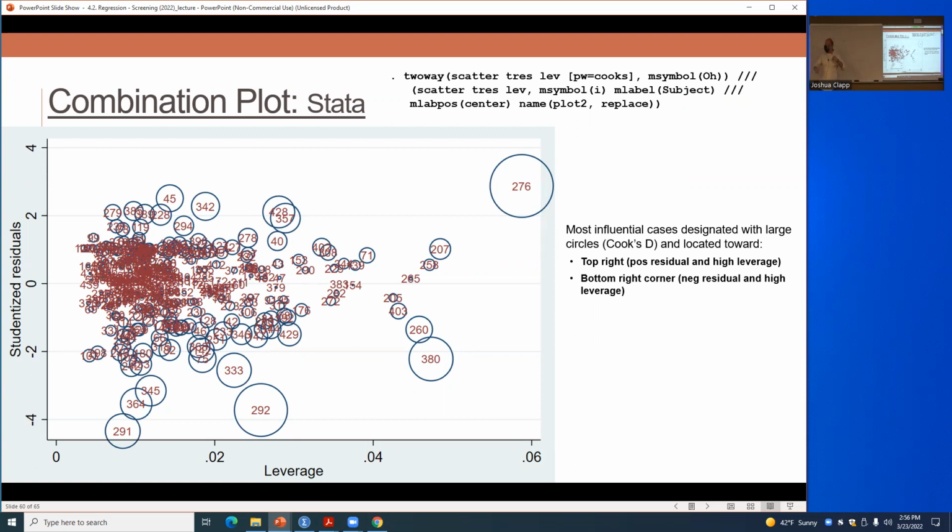So Josiah, if we're looking at this plot, which cases may be the most problematic that we would want to take a look at? 276 for sure, right? Yeah, 380 maybe, right? So we've got this one hanging out down here. And 292 has a larger Cook's D, but in terms of our leverages and studentized residuals, it's actually not looking too bad.